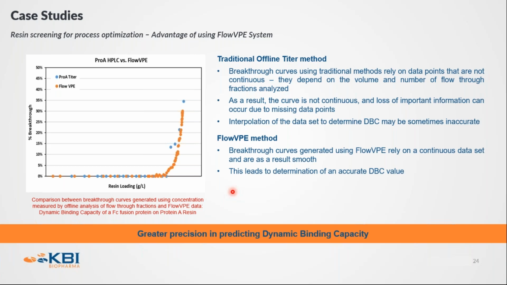If you are using two columns in tandem and you want a decision on when to switch based on the effluent concentration, then Flow VPE can definitely help. Yeah, and I can add a little color to that. Folks out in the industry are using the FlowVPE for exactly what you mentioned, even just looking at the elution peak after a chromatography process to quantify the loading mass and the elution mass.